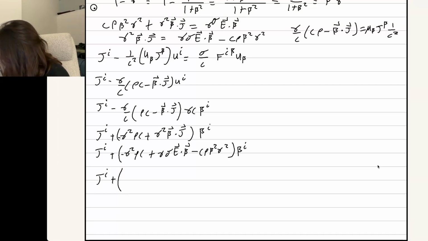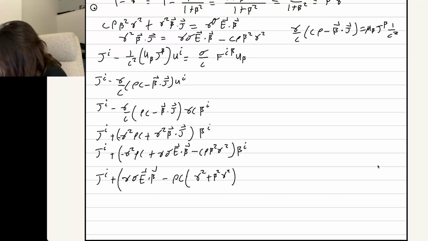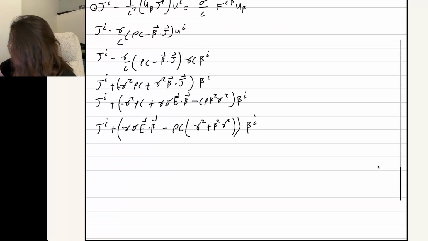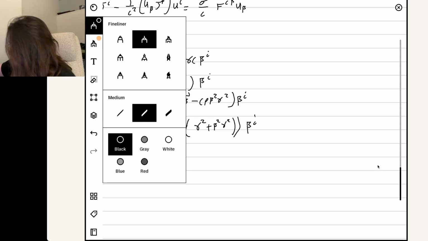Yeah, that makes a lot more sense. So gamma sigma E dot beta, and then we have minus rho C, and then in here there's going to be gamma squared plus beta squared gamma squared, right? And that's the term which we are going to try and simplify.